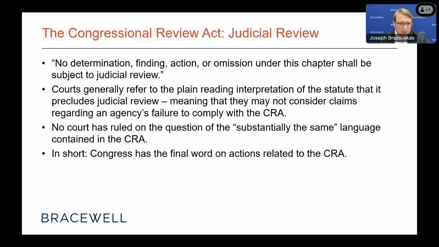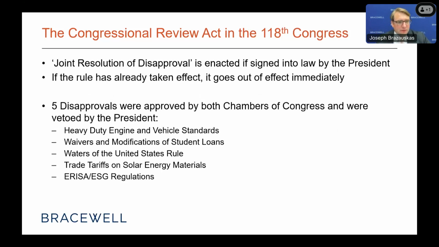So let's take a look at some of the actual uses of the Congressional Review Act here in the 118th Congress, and then we will also take a look at what we think are some of the implications for the Congressional Review Act headed into 2024. So again, a joint resolution of disapproval is enacted only if signed into law by the president, or, if vetoed, overridden by the Congress.